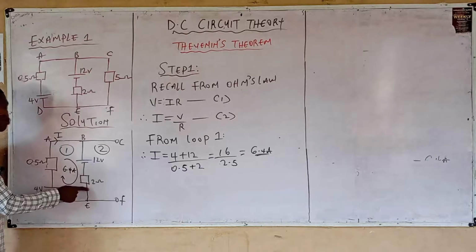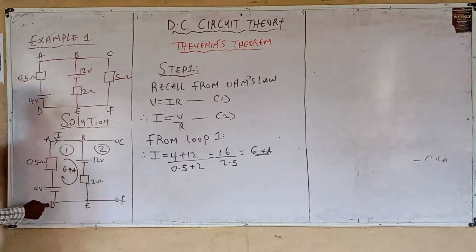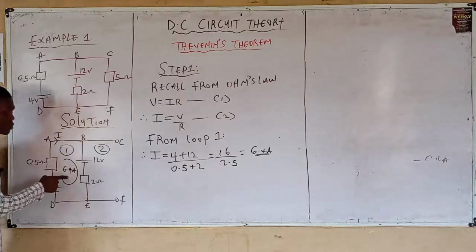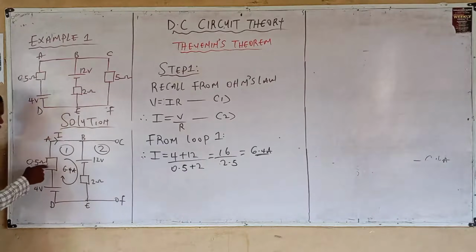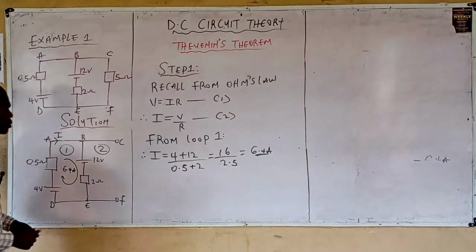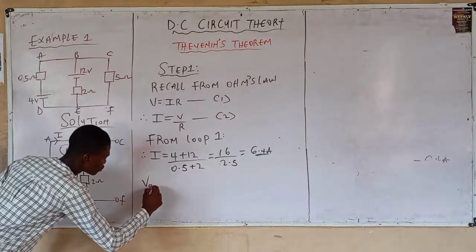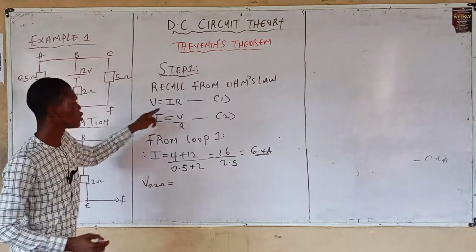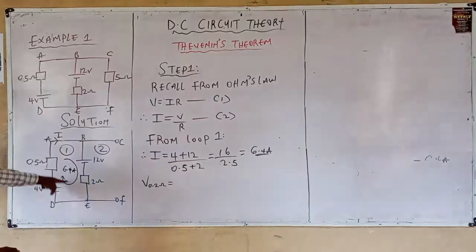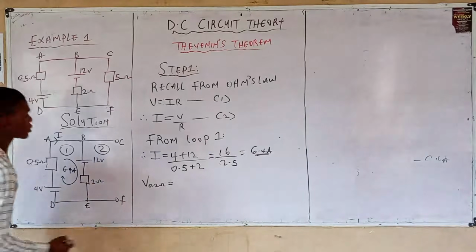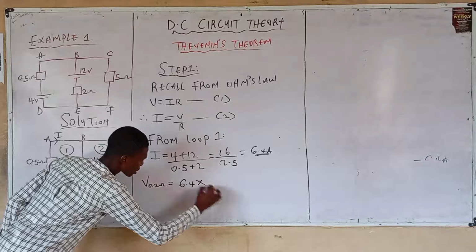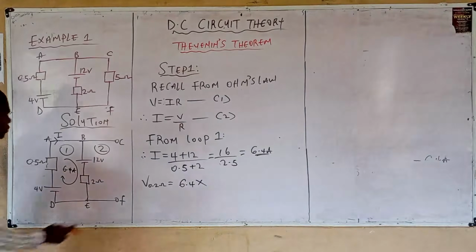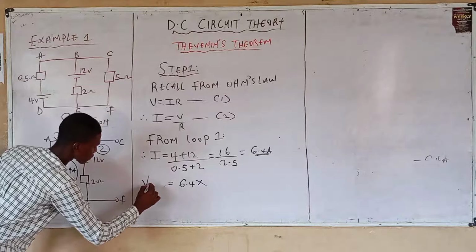So to convert 2 ohms to voltage, simply multiply 2, the resistor, times the current flowing through it. Also, multiply 0.5 times the current flowing through it, which is 6.4 ampere. Alright, let's obtain that. For the voltage of the 2 ohms, from Ohm's law, equation 1, V is equal to IR. The current is 6.4 times the resistor itself, 2 ohms.